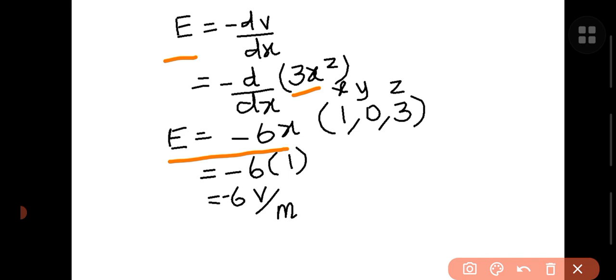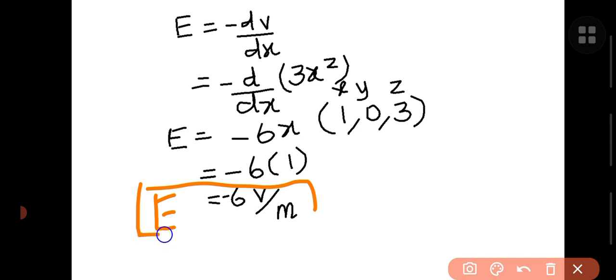Here the coordinates are given as 1, 0, 3. x is equal to 1, y is equal to 0, z equal to 3. So we need only x. So E is equal to minus 6 volt per meter.